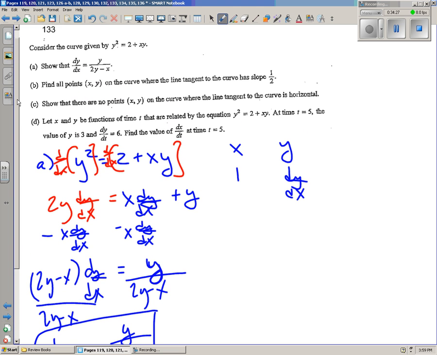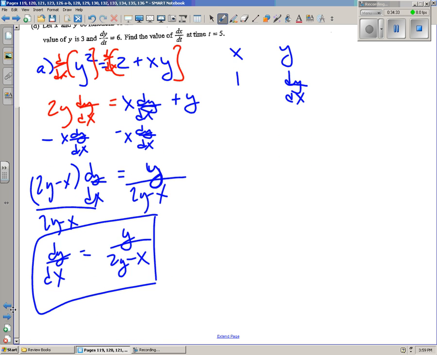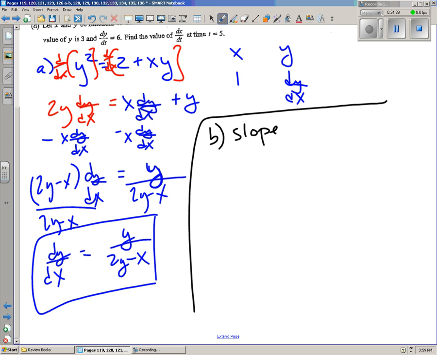Part B. Find points on the curve where the tangent line to the curve has a slope of a half. Slope of 1/2, slope equals the derivative. So we want to set this derivative equal to 1/2.